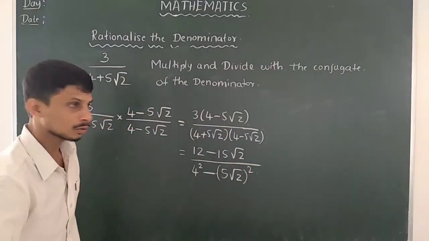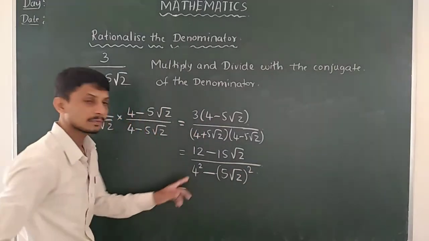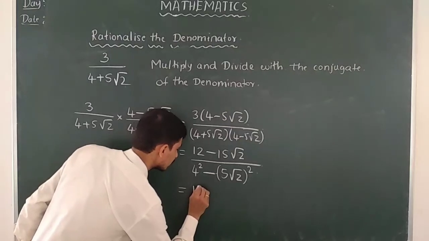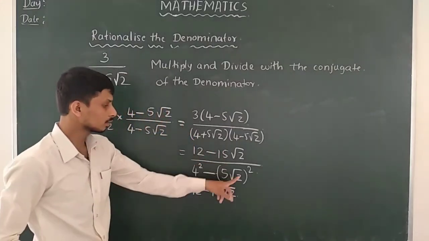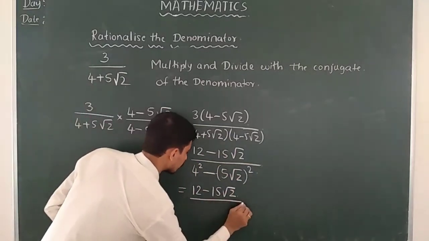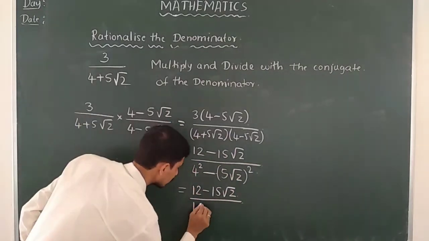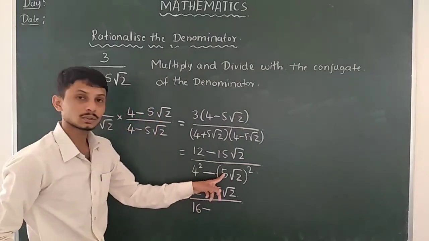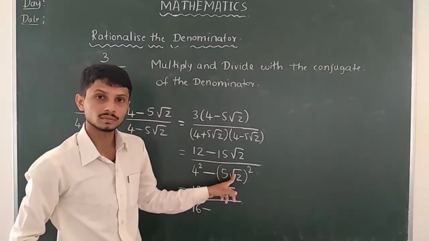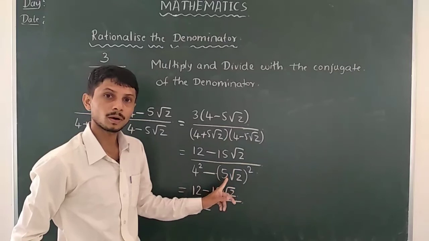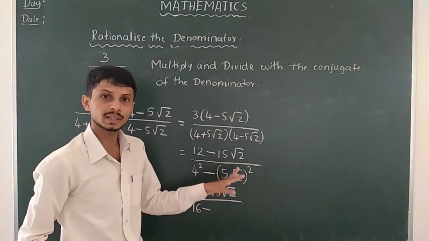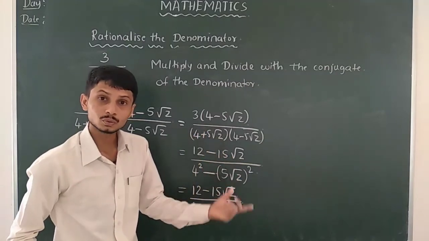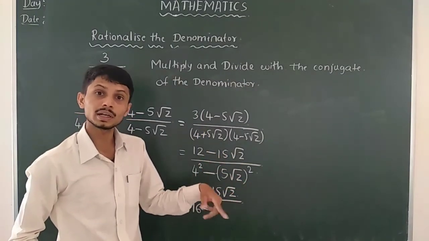Then we have to simplify. That is 12 minus 15 root 2 divided by 4 square, which is 16, minus 5 square into root 2 square. Here it is in the form of ab raised to m, which means a raised to m into b raised to m. Likewise, square root of ab is equal to square root a into square root b.